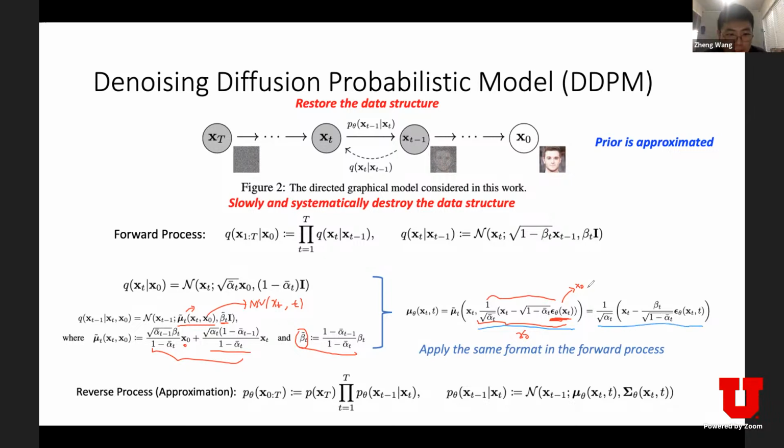This term is just in this form. It's a neural network with xt and t as the input.